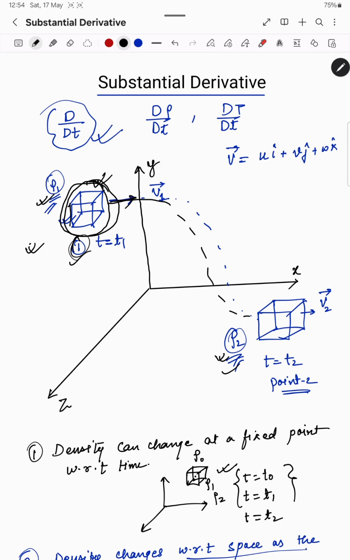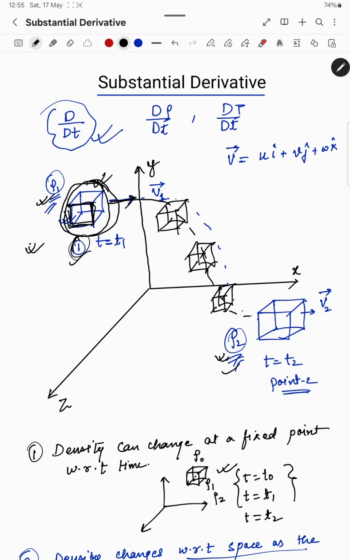We have to focus on this particle. Okay, we have to observe this particle. Just focus your eyes on this particle and just observe it. Suppose at some instant it will be here. Now it will come here. Okay, again after that it will come here.